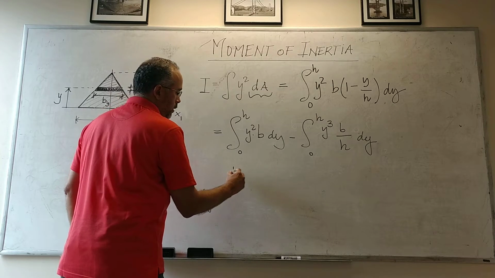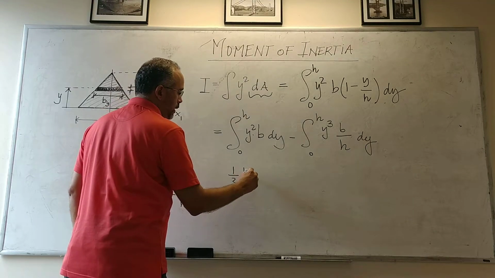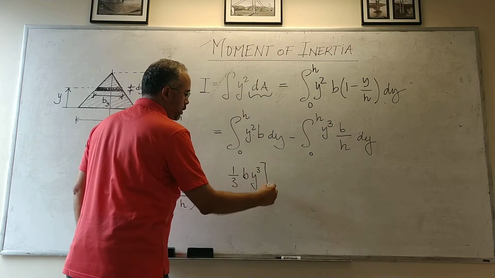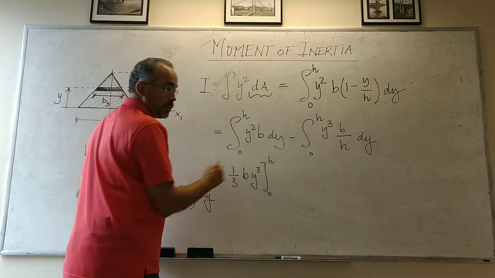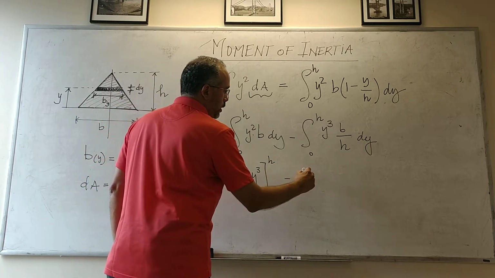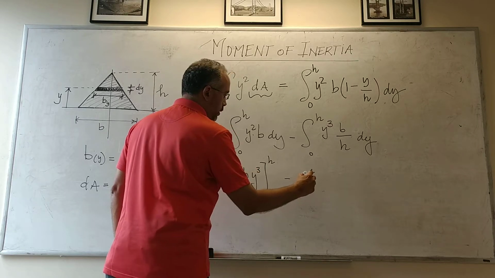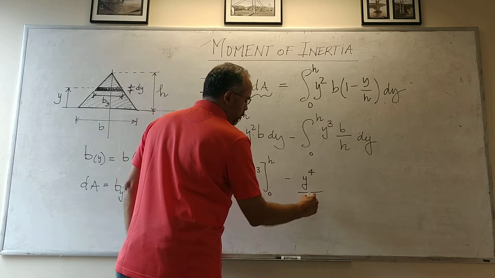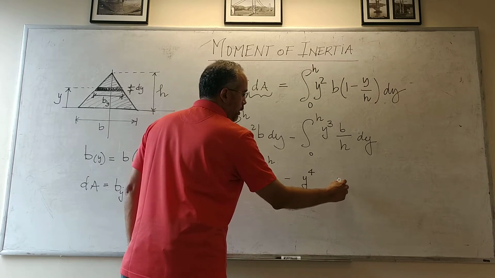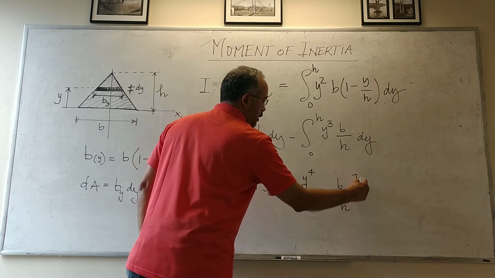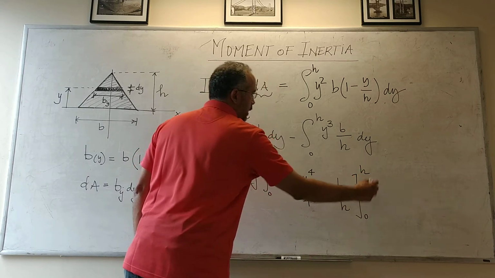This integral here is 1/3 b y cubed from 0 to h, and this one is y to the 4th divided by 4 times b over h from 0 to h.